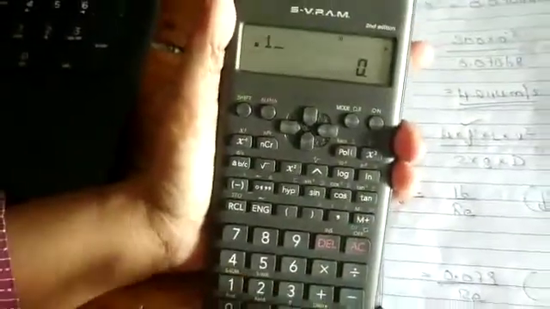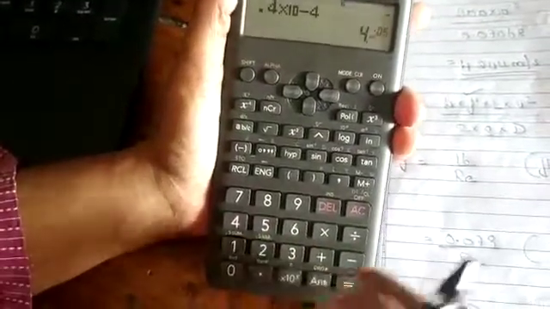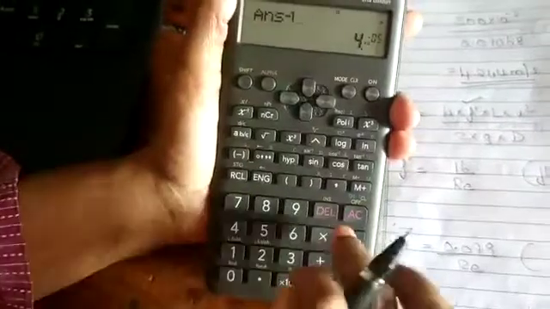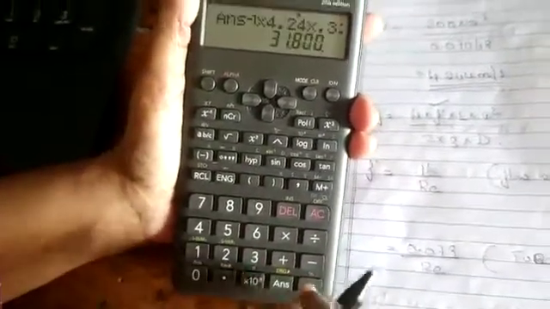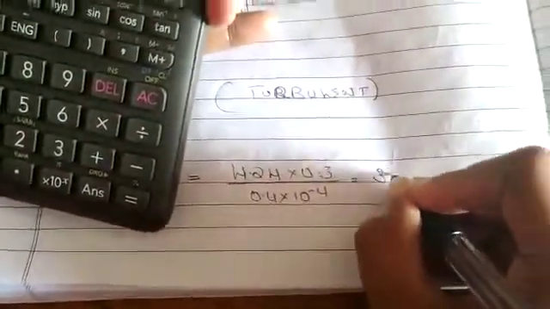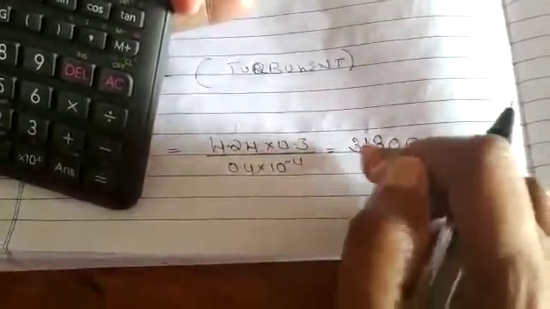Now I'll take 0.4 into 10 to the power minus 4 inverse into 4.24 into 0.3. I'll get 31800, that is, 1, 2, 3, 4, 5 digits.